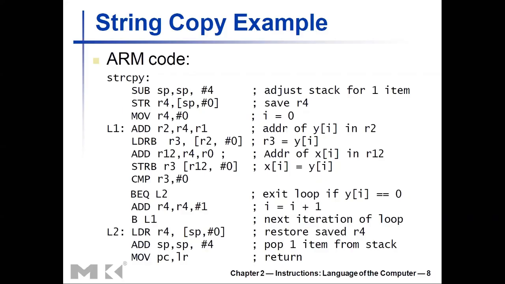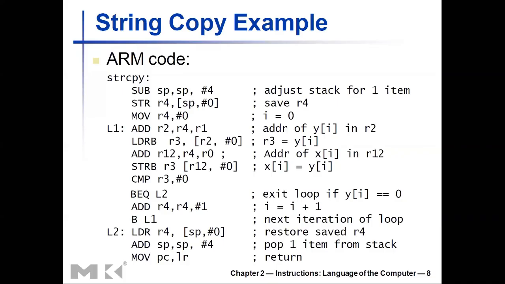And then we calculate the address of xi and store it in R12 by performing this add operation, add R12, R4, R0, because R0 has the base address of x, and I is again in R4. When you do this addition, you get the memory location of xi.